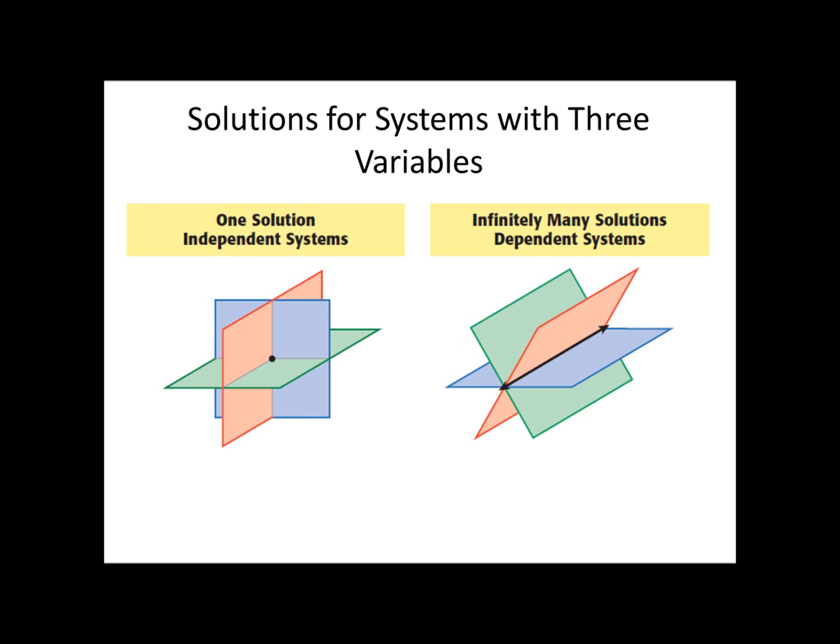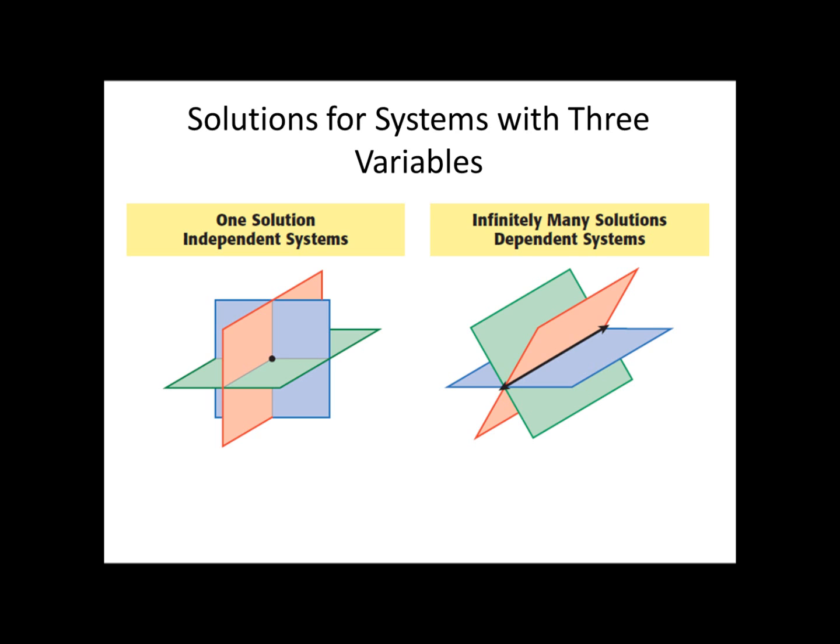Now, here's what happens when they actually agree. If our 3 planes intersect just right, there's one point where all 3 planes intersect. This is what we've seen in our 2 examples. We got one point that was a solution for the whole system. Now if the 3 planes intersect in a line, as they do on the right, this is a situation where we have an infinite number of solutions.